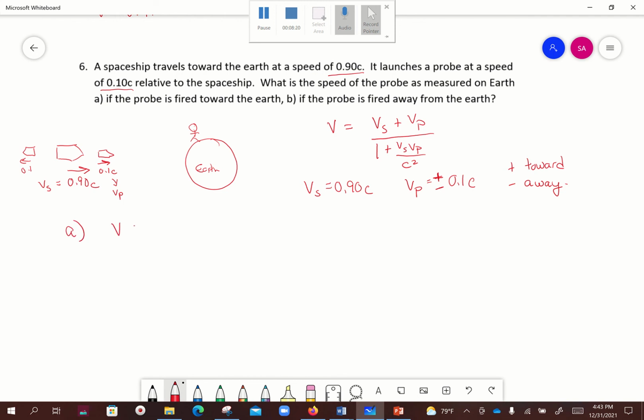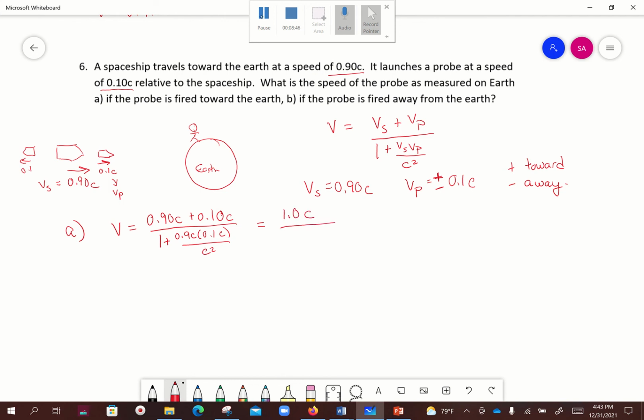So V that we see on the Earth is equal to 0.90 c plus 0.1 c. So that's going to be equal to 1.0 c on top. And the denominator, we have 1 plus 0.9 c times 0.1 c over c squared. All right, so what does that simplify to? Well, the top adds up to 1.0 times c.